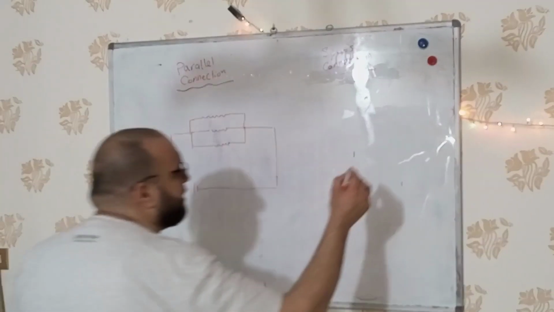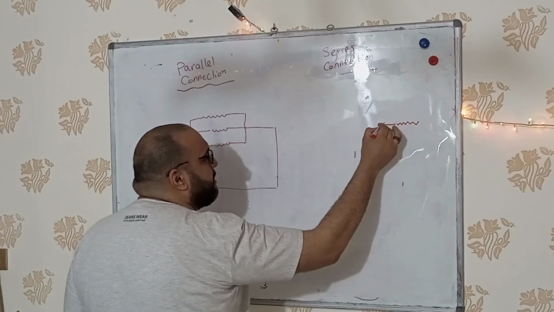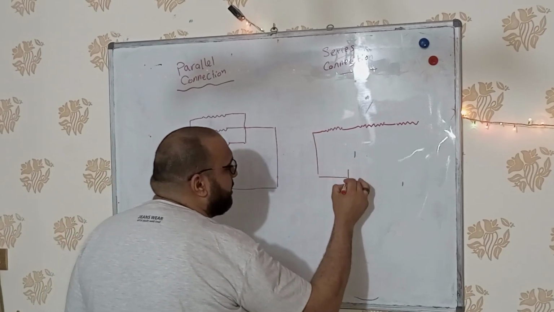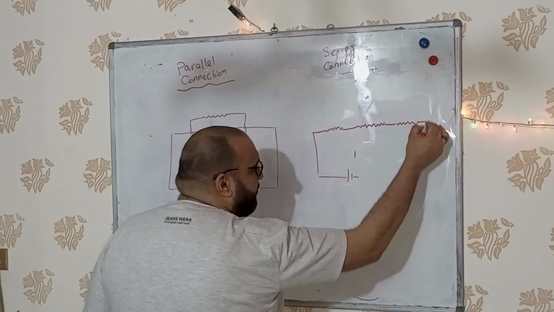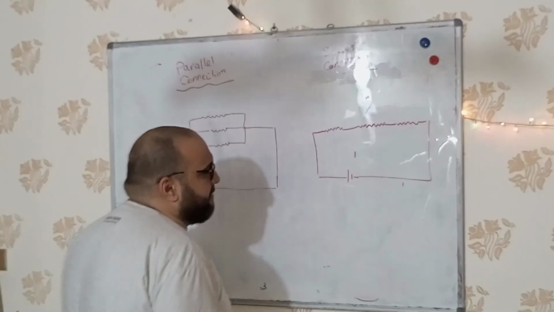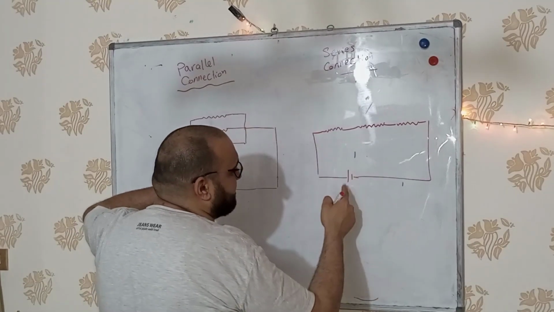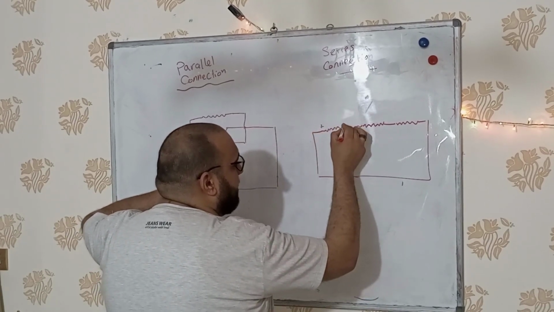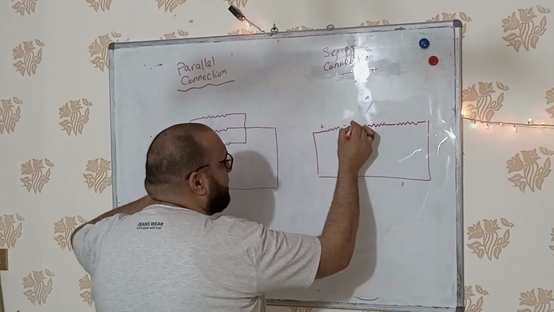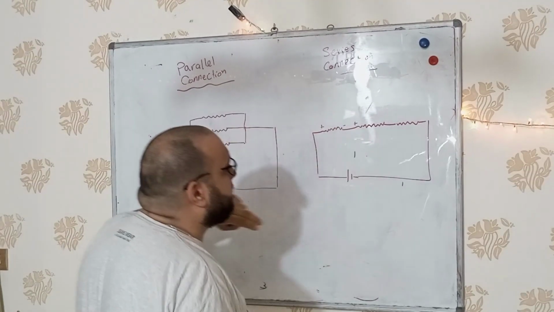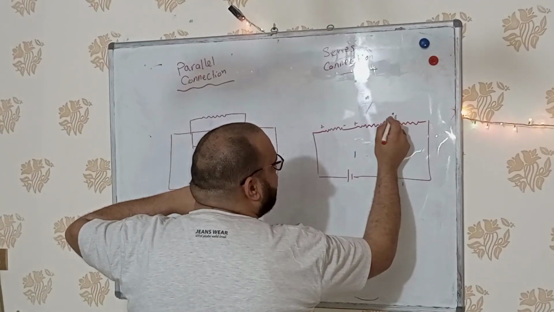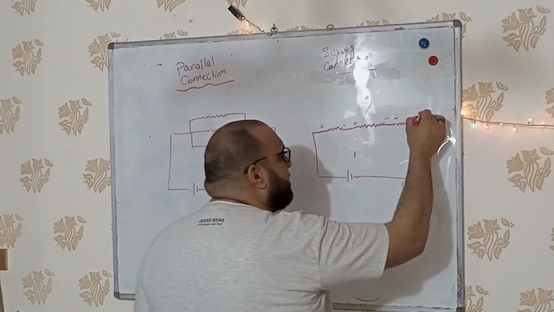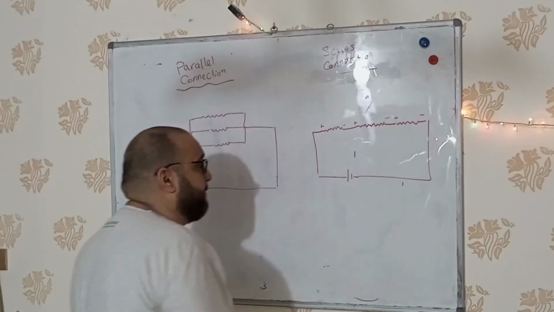Series connection is when I connect one terminal to the terminal of opposite polarity of another component. If this one is positive, connected to the positive pole of the battery, I connect its negative to the positive of the next component, and so on, until finally the last negative is connected to the negative of the battery.